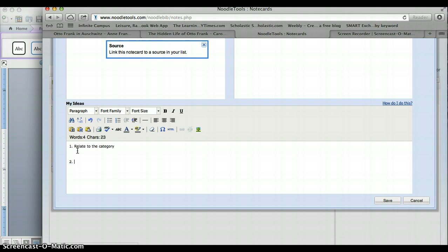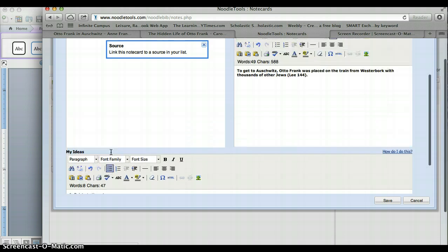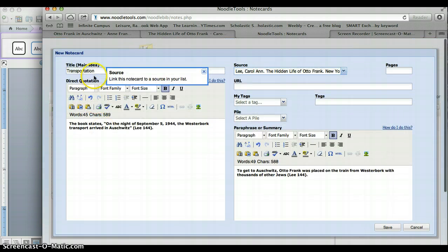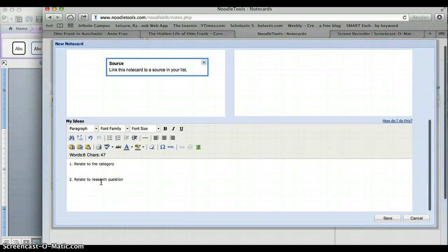And then number 2, relates to research question. Because I do expect to see an explanation for both of these items. You have to relate your evidence back to this category that you have, and you also have to relate it back to the research question you have listed.